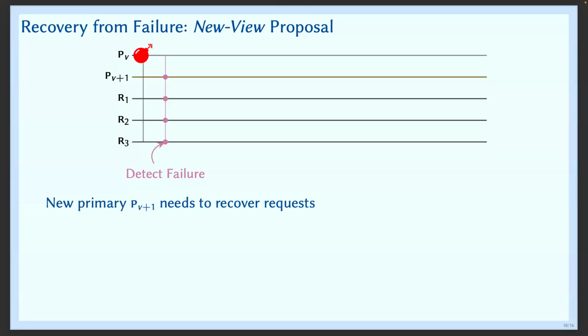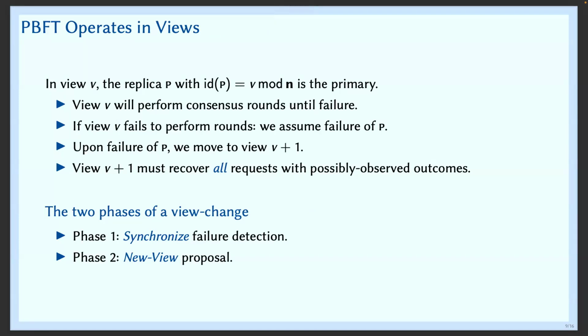Okay, so this is where we left things off. So we said, if something goes wrong, let's go one previous slide. There are two critical phases of installing or instantiating a new view.